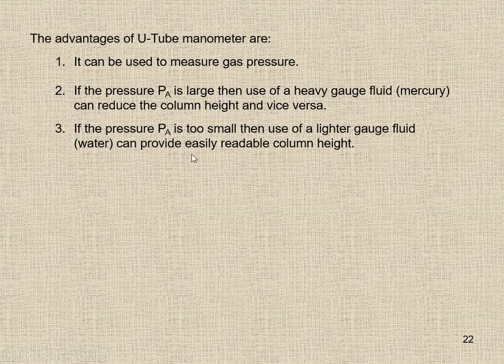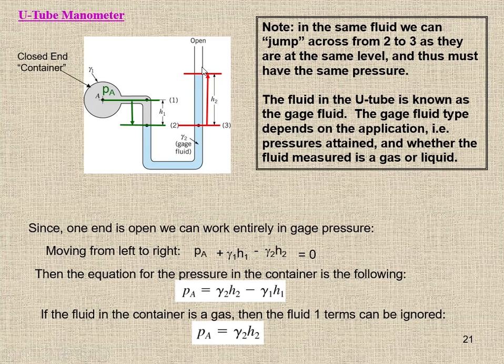Even now, the U-tube manometer can be used to measure negative pressure or vacuum pressure, because in the U-tube manometer the container is not open to the atmosphere. If there is a negative pressure inside the container, the height of the column will come this side.